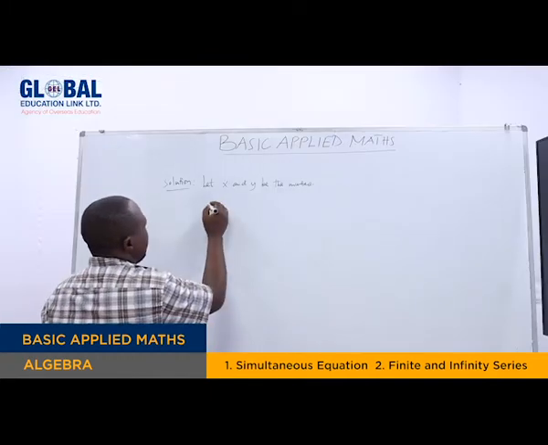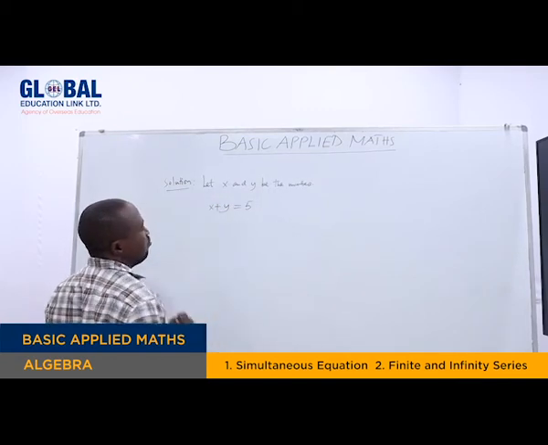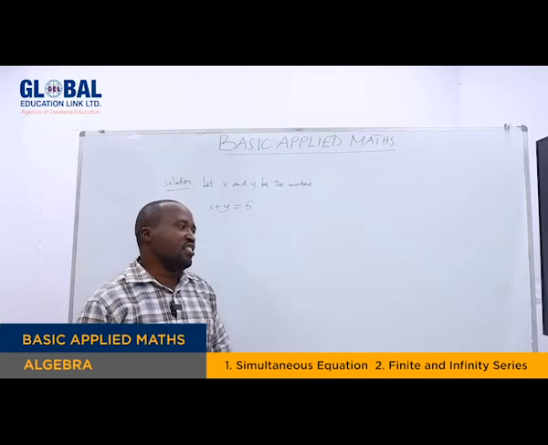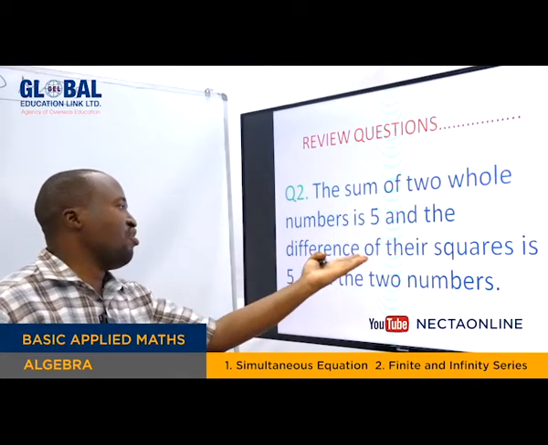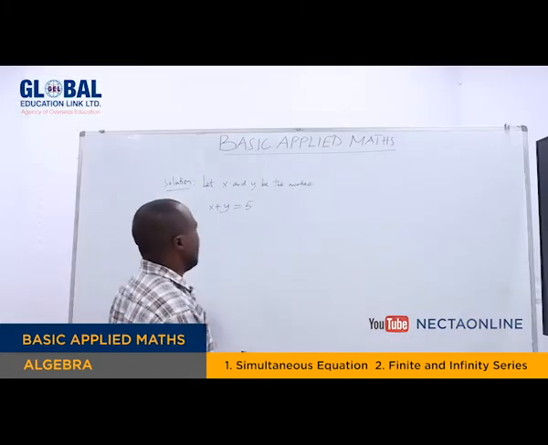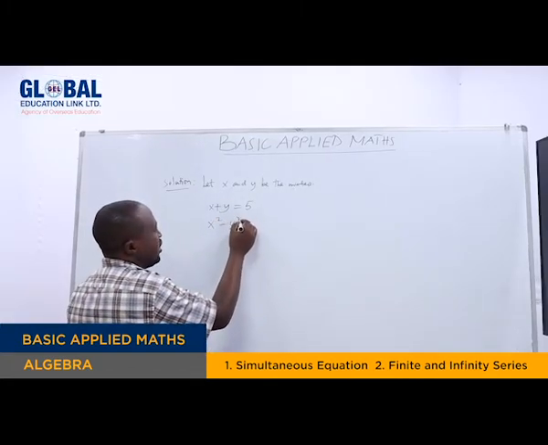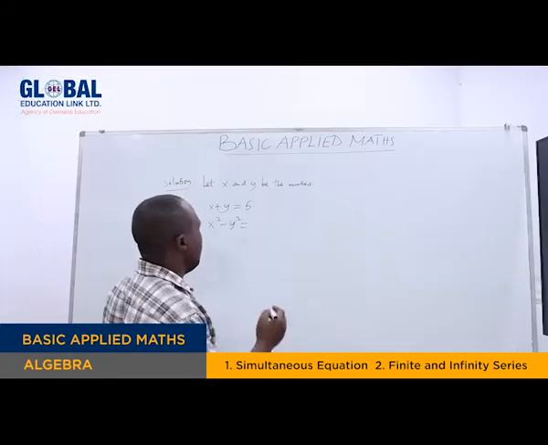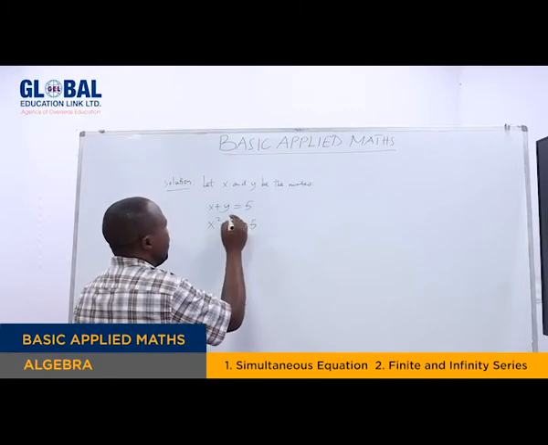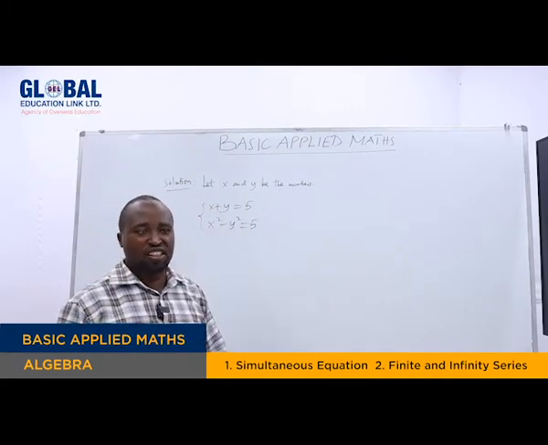So we just say x plus y is equal to 5. That is the first expression. And the difference of their squares, that is x squared minus y squared, is equal to 5. So my dear student, you have a simultaneous equation.